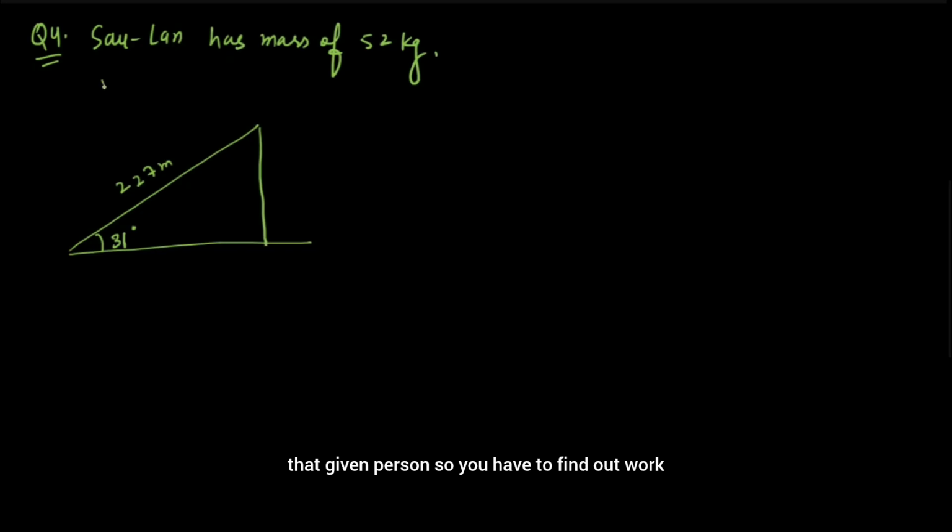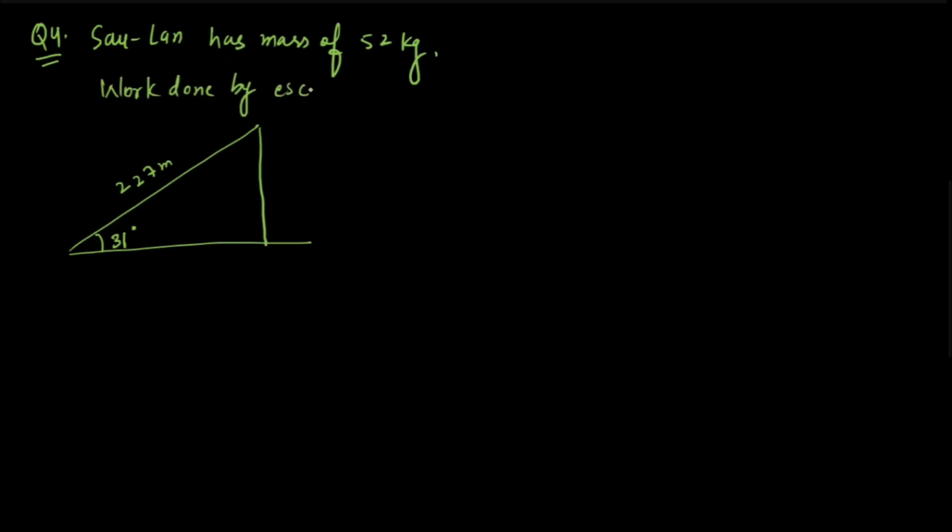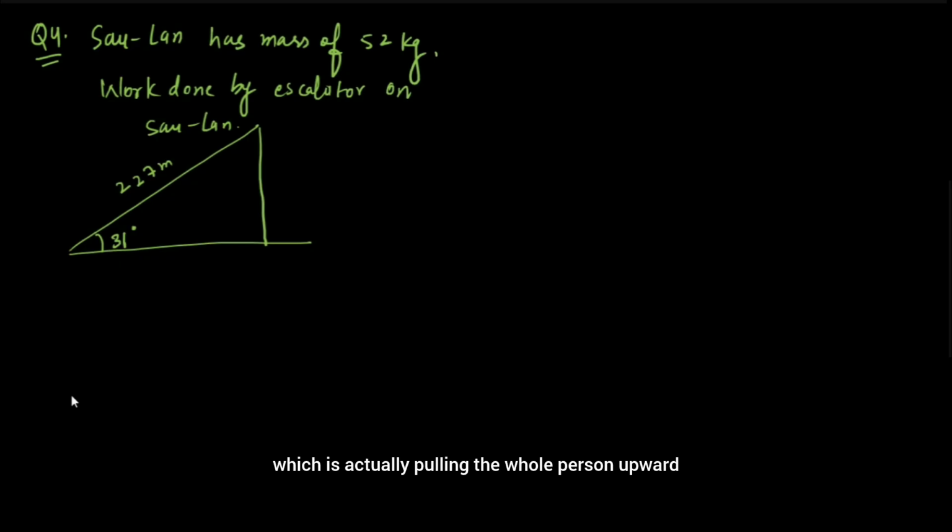So you have to find out work done by the escalator on the given person. Think about it, what it is going to be. Because here is the escalator, which is actually pulling the whole person upward.